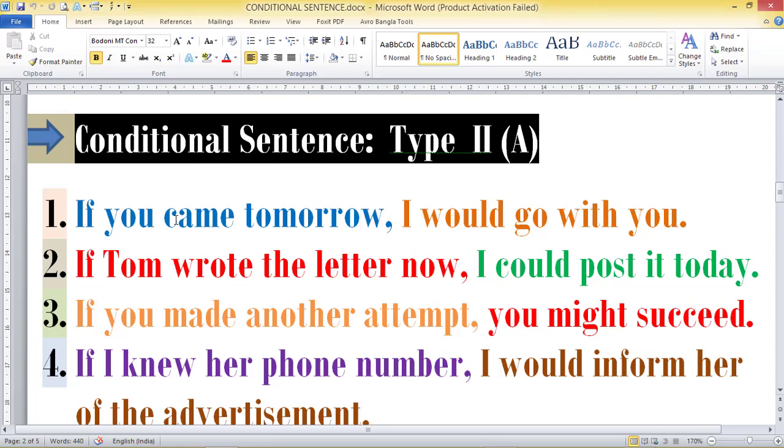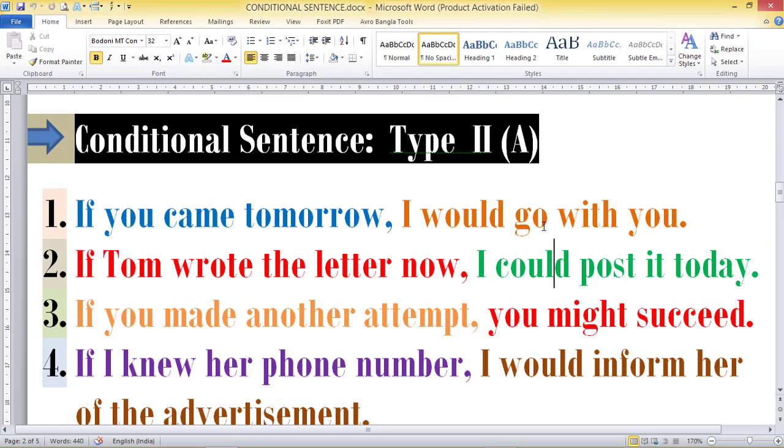So in case of conditional sentence type 2a, in the if clause, past indefinite is used, that is unreal past, and in the main clause, we have to use, after the subject, would or should or could or might, maybe sometimes, then the first form of the verb, go. This is called the present infinitive. So after would, should, could, we have to use the present infinitive, that is the first form of the verb.